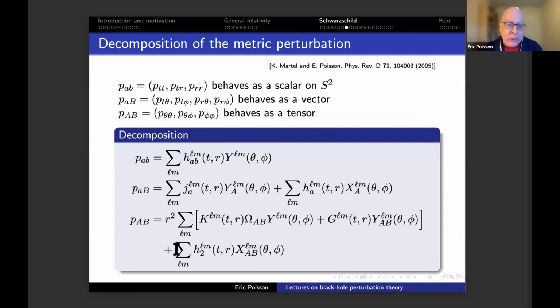None of that is important. What's important is that we have a complete decomposition. We have a unique one-to-one correspondence between each one of those coefficients and the metric perturbation. So we can always extract any one of those by taking appropriate projections, and we can always reconstruct any perturbation through, in principle, an infinite sum over spherical harmonics.